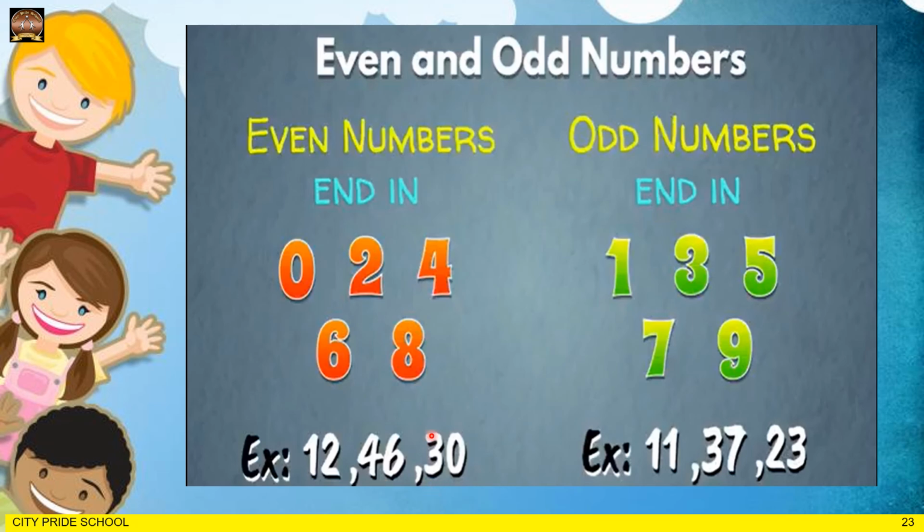So even if the first number is odd, you have to see the last number. Which is the last number? The number ends in 0. So 0 is an even number. So that means 30 is also an even number. And examples of odd numbers: 11, 37 and 23. Okay.